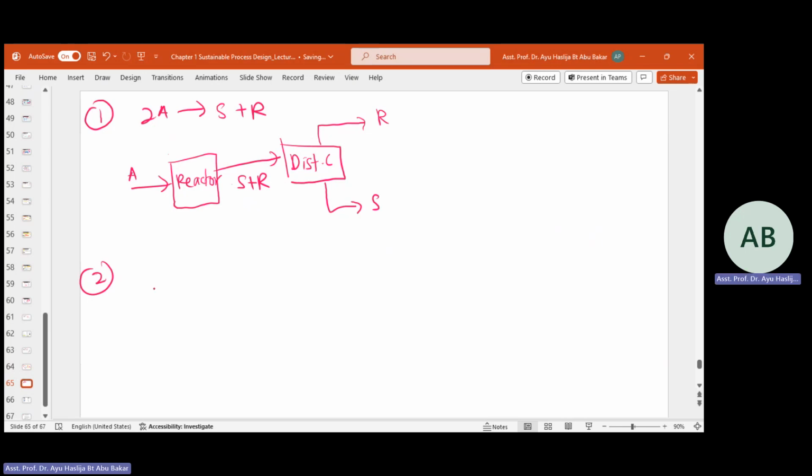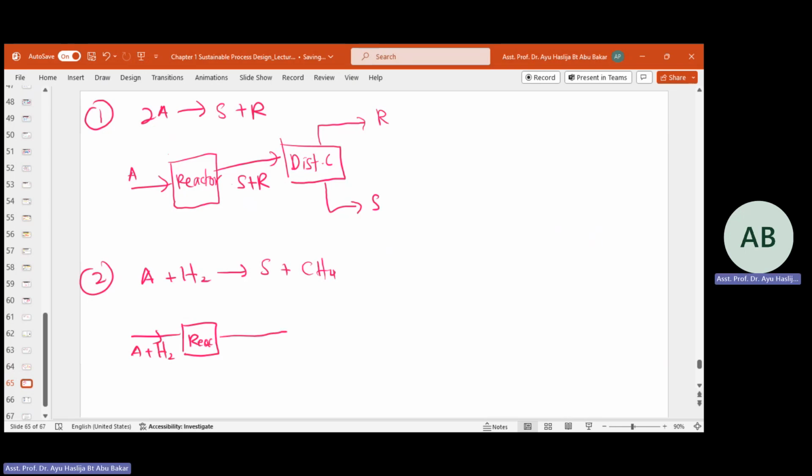Okay. Now for route 2, we have this reaction. This is the reactor. The feed is A plus H2.